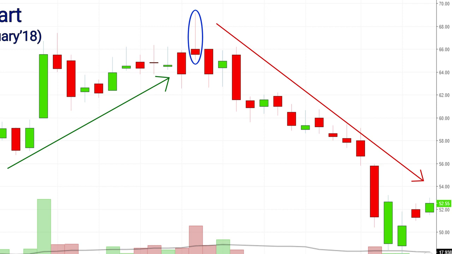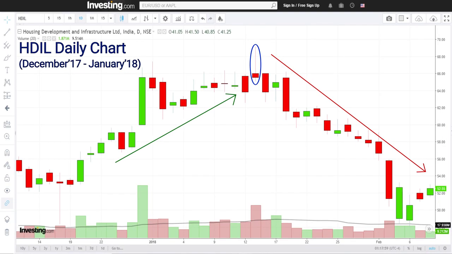From the 66 odd level, the stock moved to around 48. That is almost a 25% correction within a span of, I would say, 2 weeks. One could have maintained a trailing stop loss here and enjoyed the run if he or she had spotted the shooting star candlestick here.